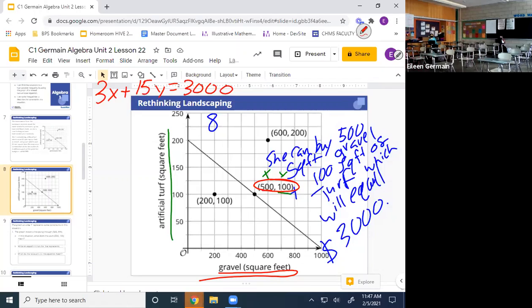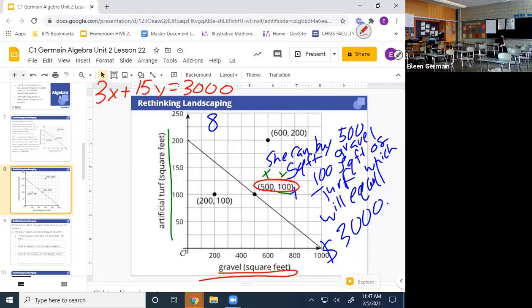Okay. Do we agree? Do we disagree? And why do you think that, Ian? Because the gravel costs $3 per square foot, and then the artificial costs $15 per square foot. Very good. Gravel is on the x-axis, artificial is on the y. You talked about everything that I was going to follow up and ask you questions on.